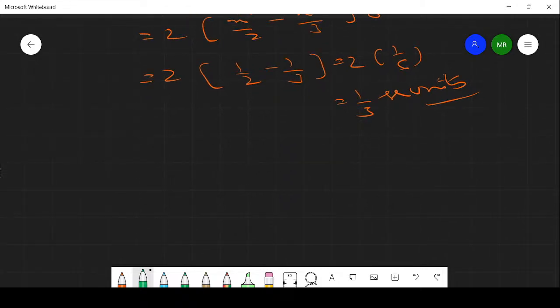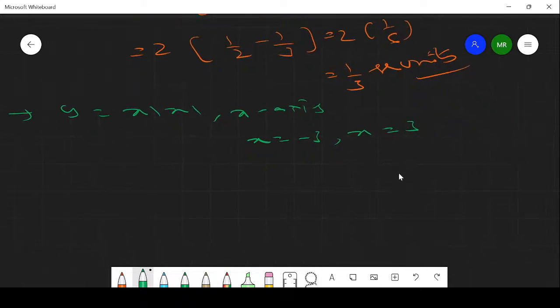They are mentioning the x-axis and the lines x equal to minus 3 and x equal to 3. This is simple here. Draw the graph and the problem is simple.